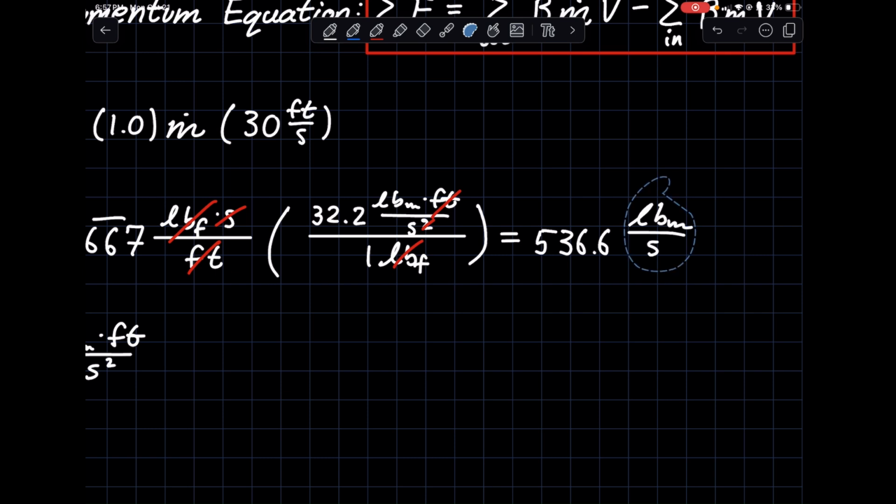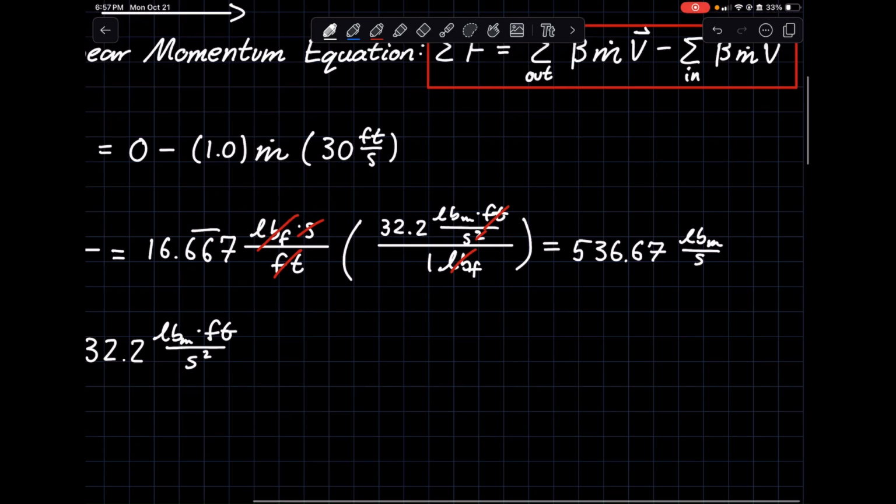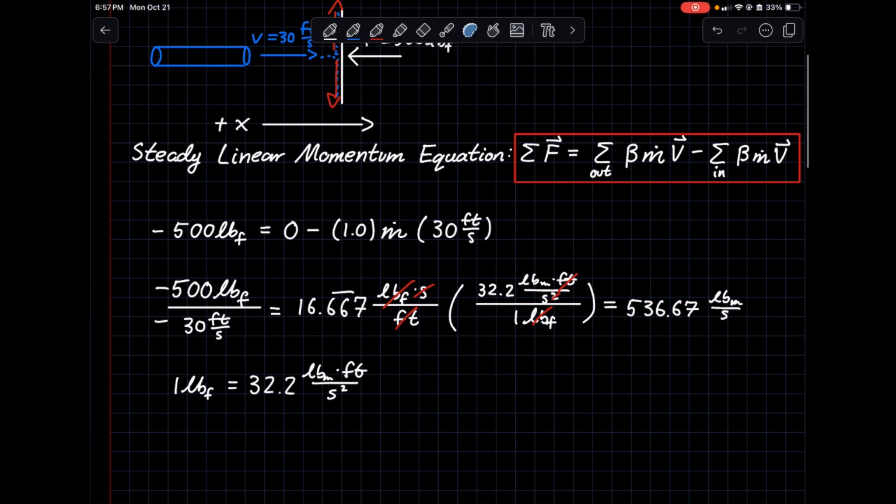Move this over a little bit. 536.67 pound mass per second.